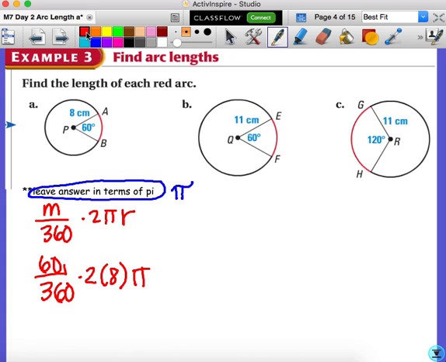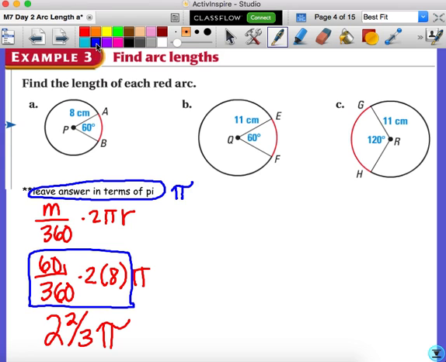So I end up with 2.6 repeating, which we know is 2 2/3 pi. I did all of this numerical component and left pi as part of my answer. Since this is a distance, we're finding the length, we're going to make sure we include centimeters. So my arc length for that first picture is 2 2/3 pi centimeters.